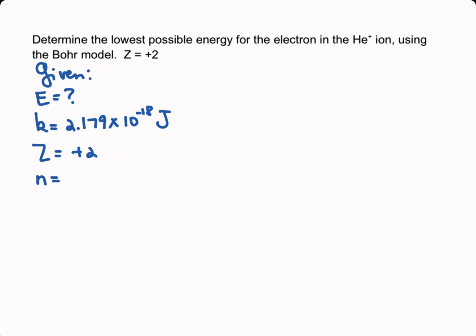And they didn't give us n, but we can go ahead and figure that out by doing an electron configuration for the He+ ion. So that is 1s1. And n is our quantum number, the whole number 1. We have all our numbers, and now we can plug into our formula.